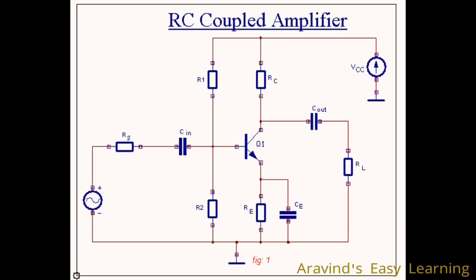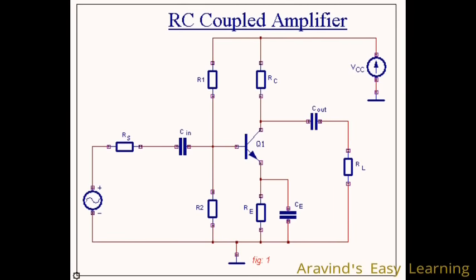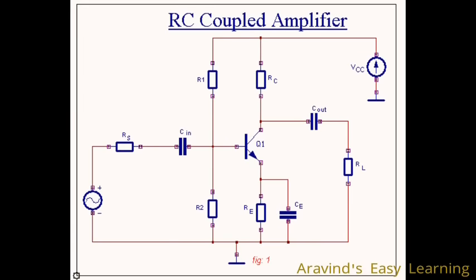The RC coupled amplifier, as I told in the beginning, is not a very complicated circuit. It could have been done only with a transistor, but we added these components because we need biasing, stabilization, and also isolation. Only those purposes. That is why we added these components.